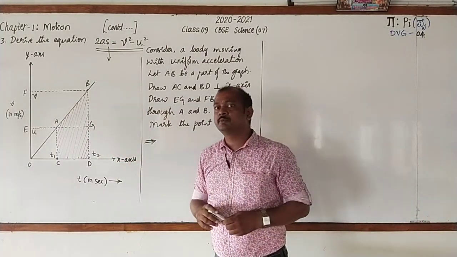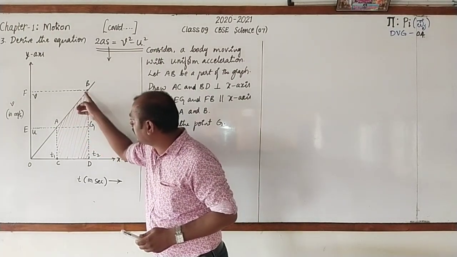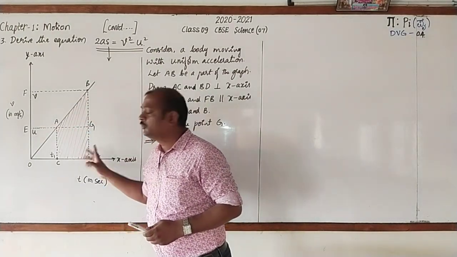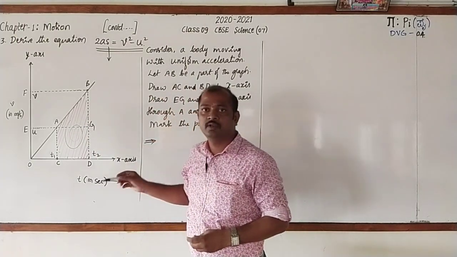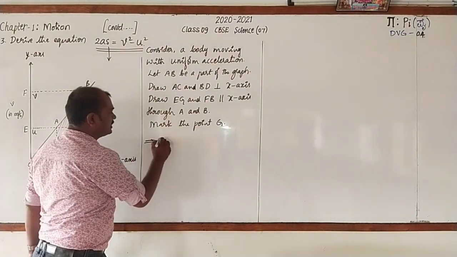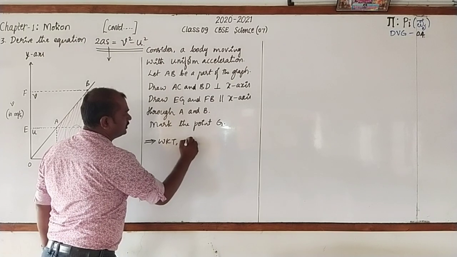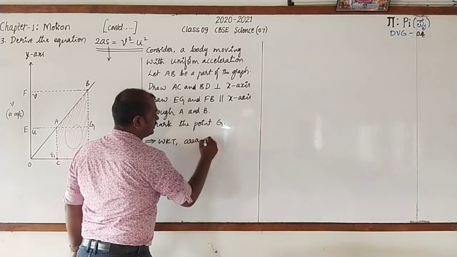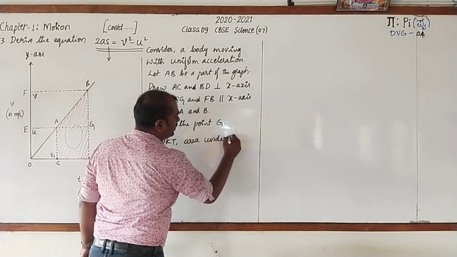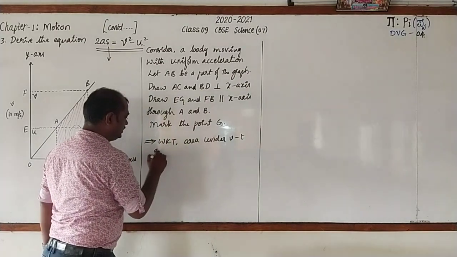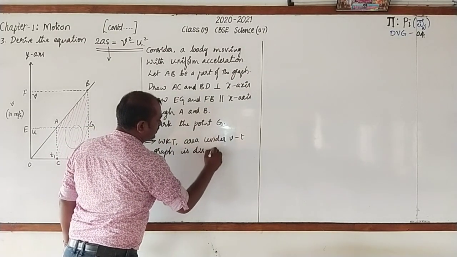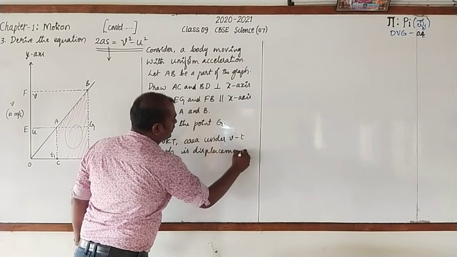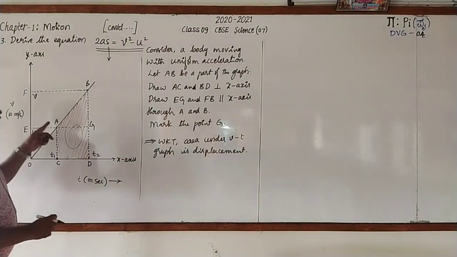We have a statement that the area under the graph of vt is displacement. Now I can go for writing the same statement. We know that area under vt graph is displacement. Now I take area under the vt graph.